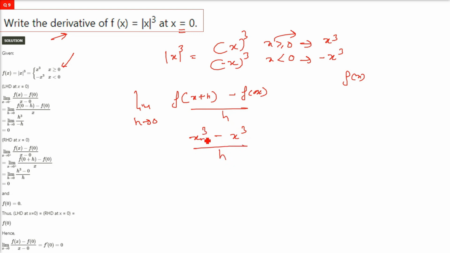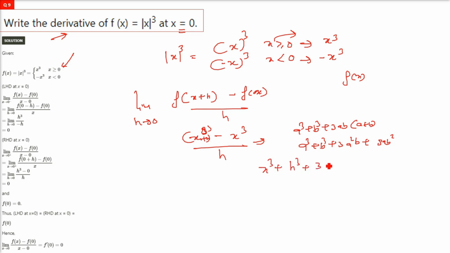And this is x plus h whole cube actually, so I'll just open it. f(x plus h) is x plus h whole cube, minus x cube. a plus b whole cube is a cube plus b cube plus 3a square b plus 3ab square. This is just a hint I am giving. This is also a way to solve. x is a and h is b.